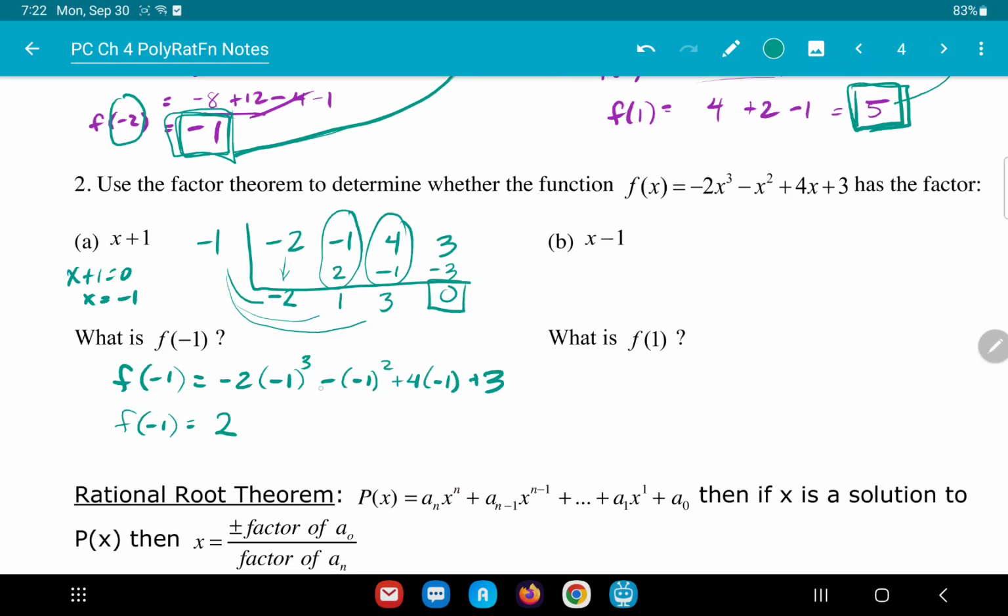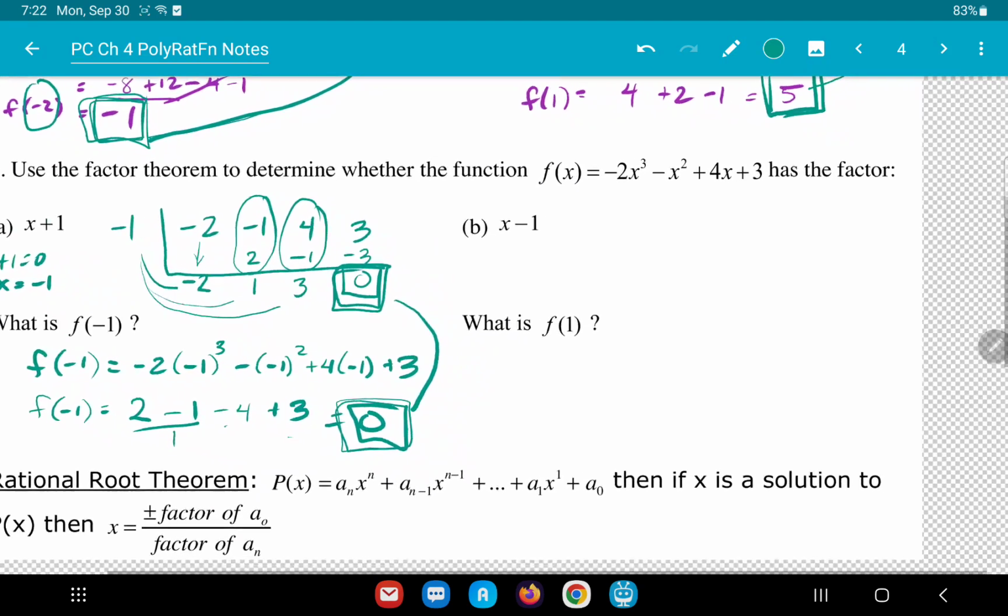Negative 1 squared is 1, so we just get minus 1, minus 4 plus 3. Let's do that math. 2 minus 1 is 1, plus 3 is 4, minus 4, that'll give us 0. And so you'll notice again that the remainder, 0, is the same as the evaluated value 0.